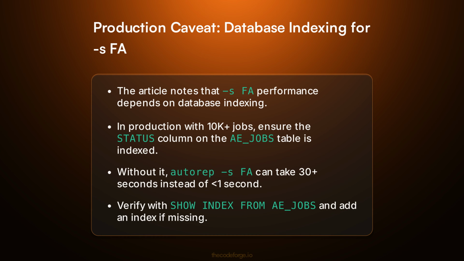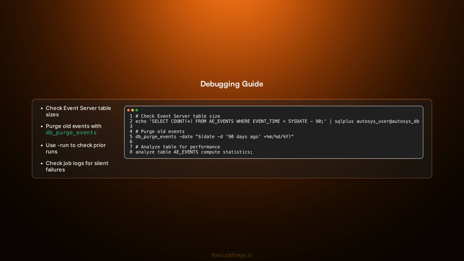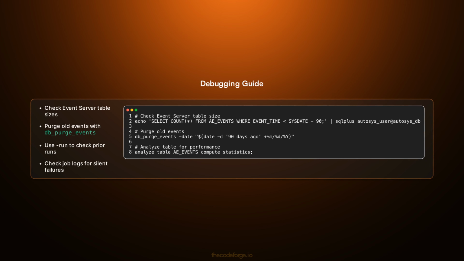Verify with show index from IJOBS and add an index if missing. When autorep is slow, check event server table sizes. Purge old events with DB purge events. For intermittent failures, use autorep J JobName run1 to see previous run status. If autorep SFA shows no failures but the business complains, check job logs directly. Exit code doesn't guarantee success.